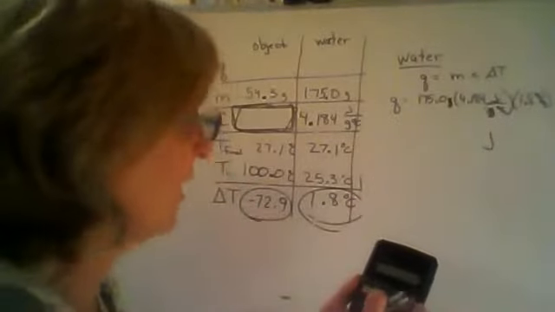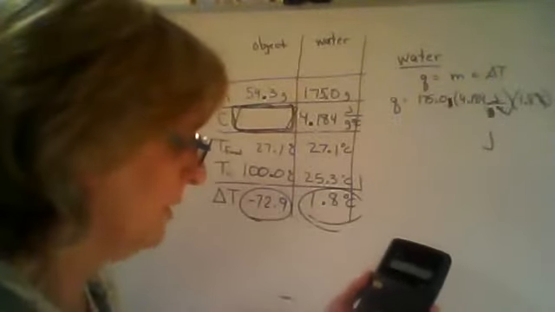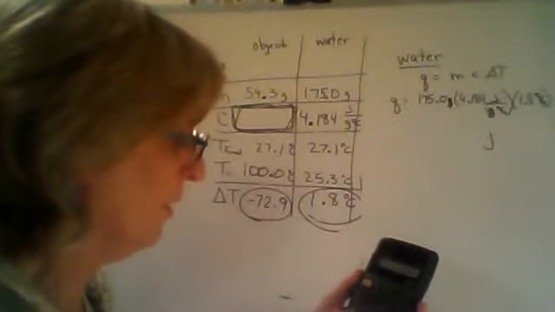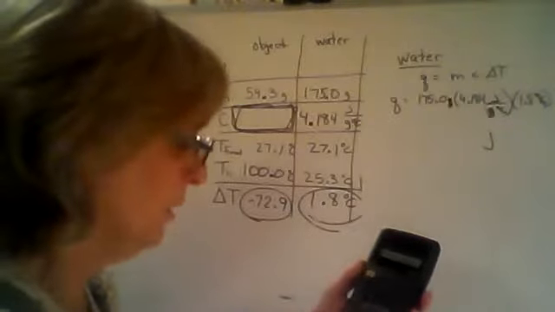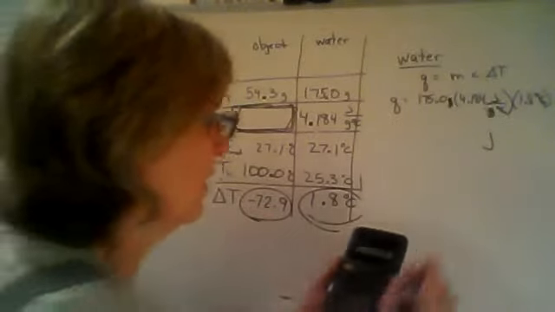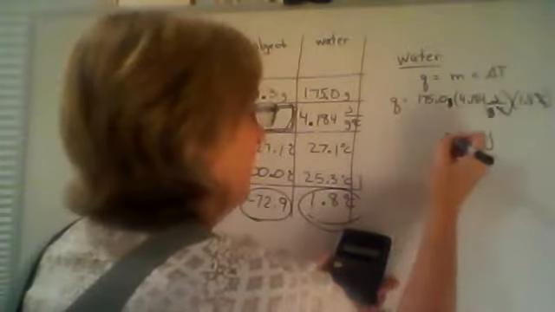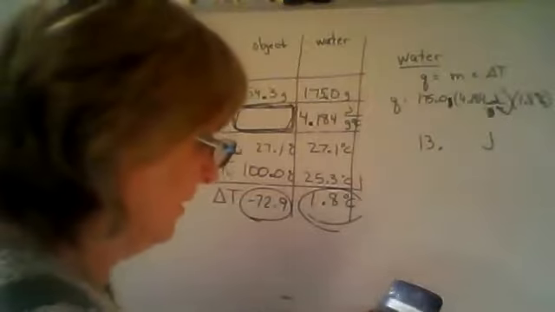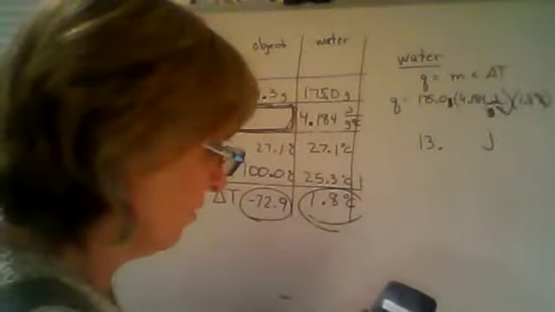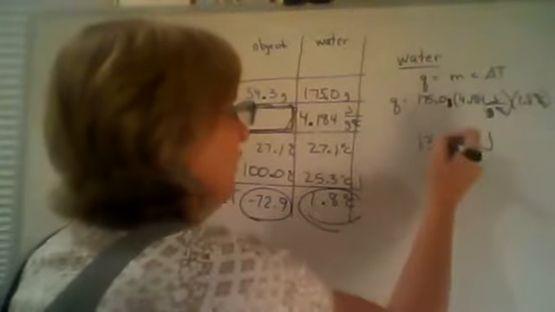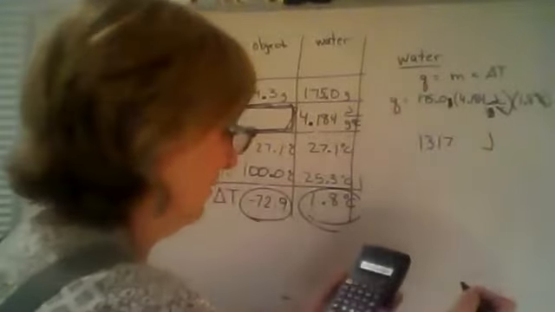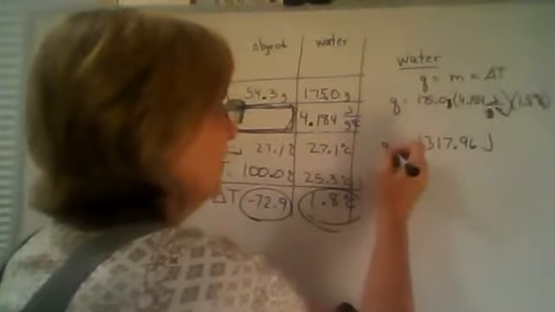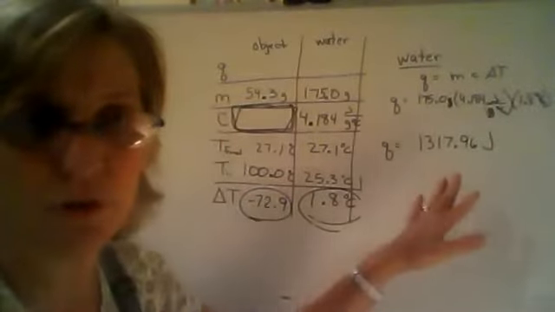So we're just going to enter that straight in. 175.0 times 4.184 times 1.8 equals, and we get 1317.96. Okay? Now that's what you get on your calculator.